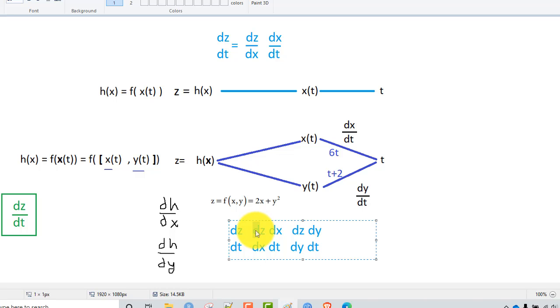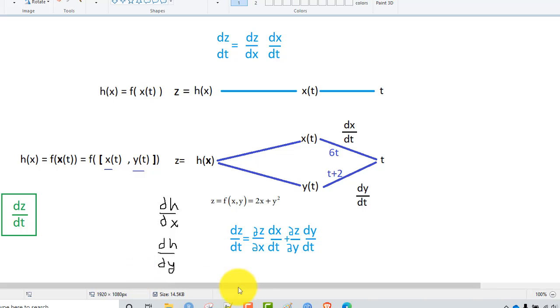Why? Because we said that z depends on both x and y. So we shouldn't use this symbol for the derivative in that case. And the same thing here. When I write it this way, it would suggest that z only depends on y. This would suggest that z only depends on x. But both of those are not right. So I should not use these two symbols. So I have to handwrite those other symbols.